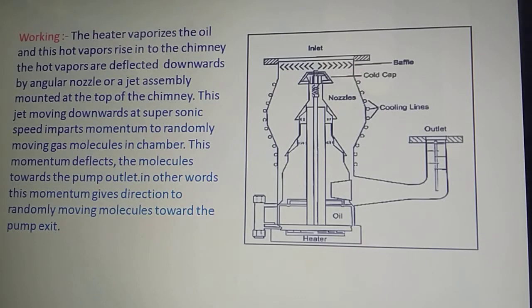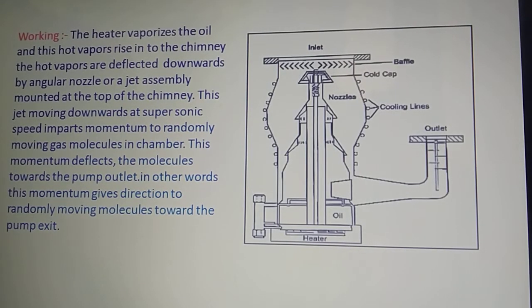This momentum deflects the molecules towards the pump outlet. In other words, this momentum gives direction to the randomly moving molecules towards the pump exit, right? And the pump exit is on this side, the outlet, right?